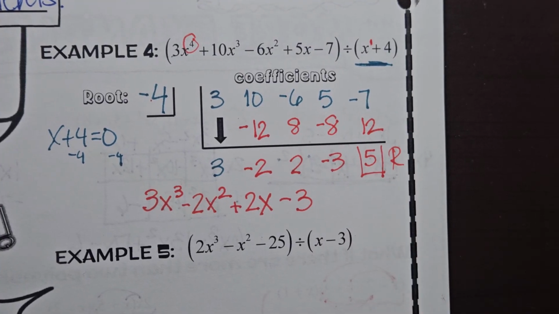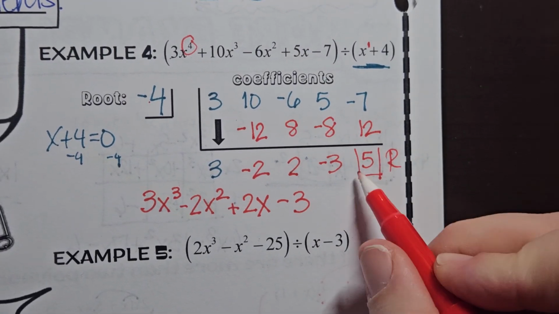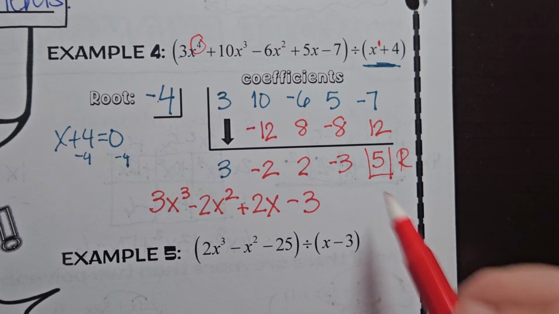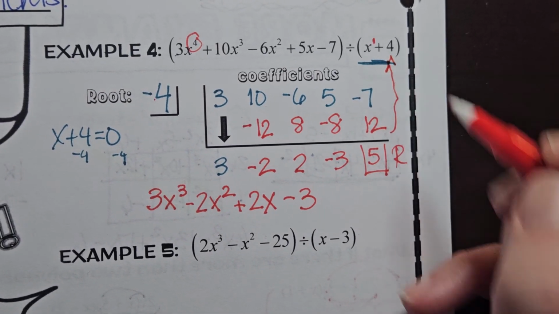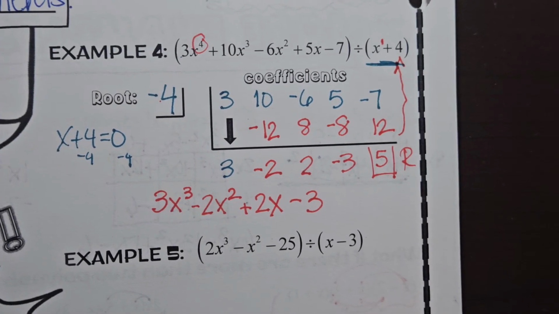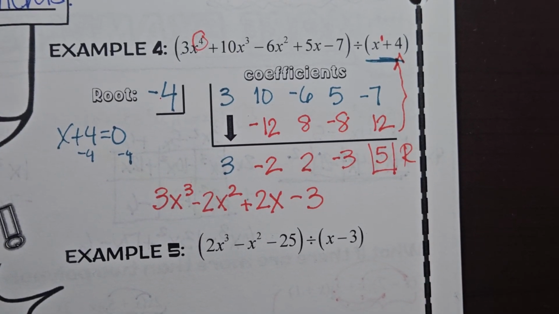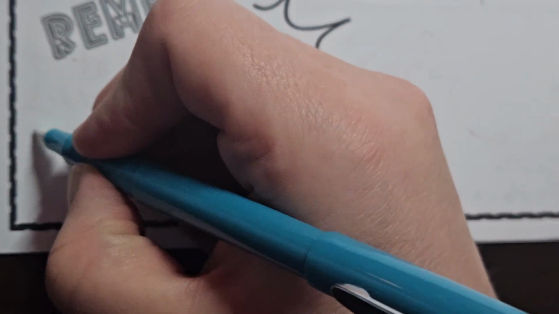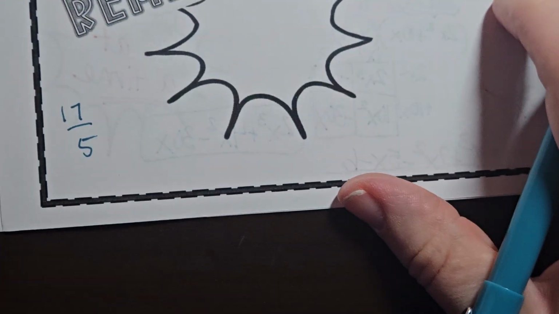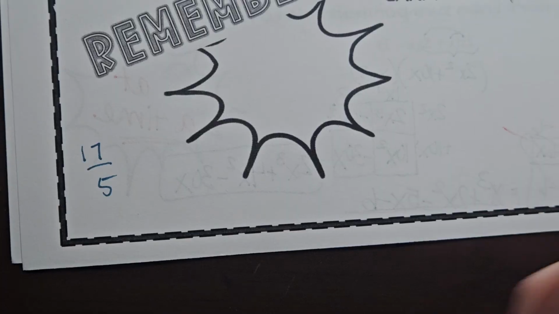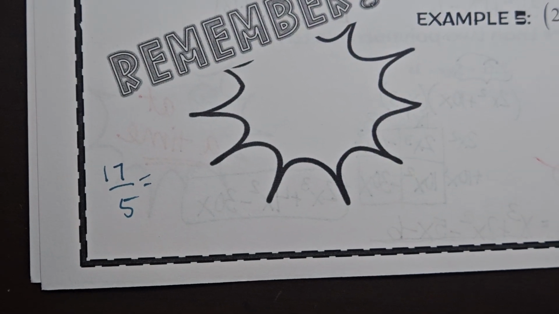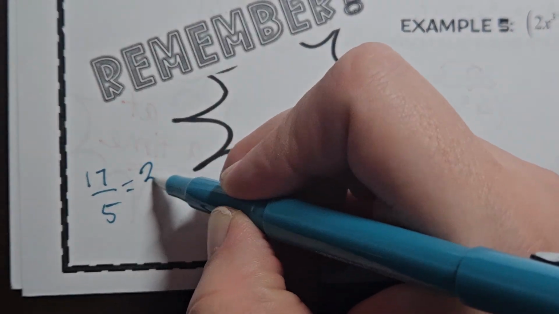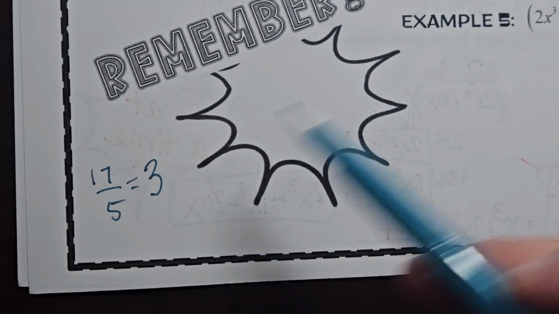Now, what do we do with the remainder? We have to show that the remainder is not just 5, it's 5 still being divided by something. If you think about a mixed number, something like 17 divided by 5, you could write that as a decimal, or you could say 5 goes into 17 evenly 3 times, since 5 times 3 is 15.